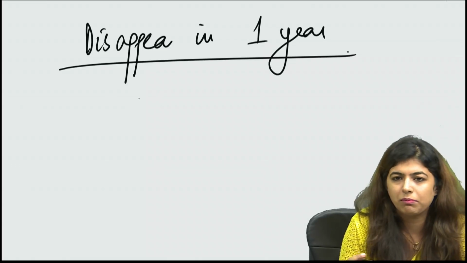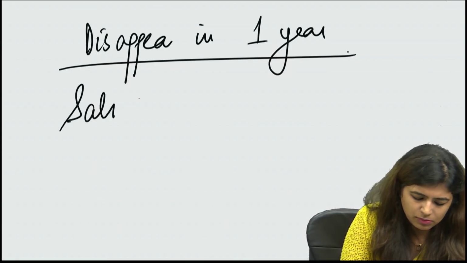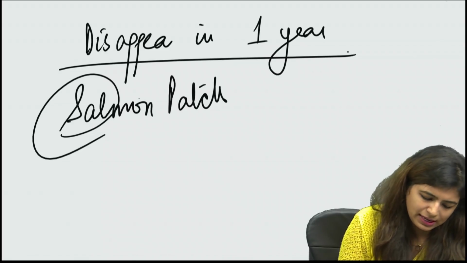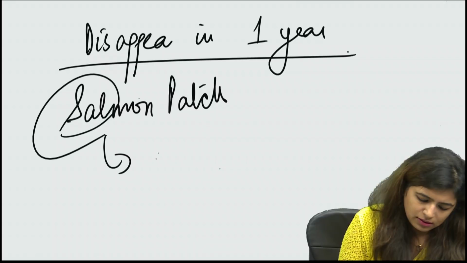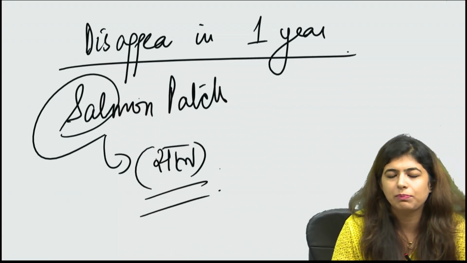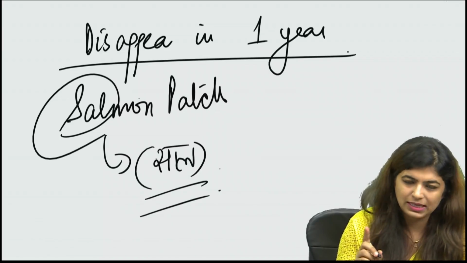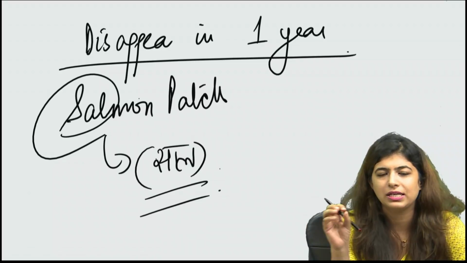So if you all know Hindi, then salmon patch has this SAL. SAL in Hindi is Sal. So this will disappear in around 1 year of patient's life. It is just a vascular dilatation and ectasia.